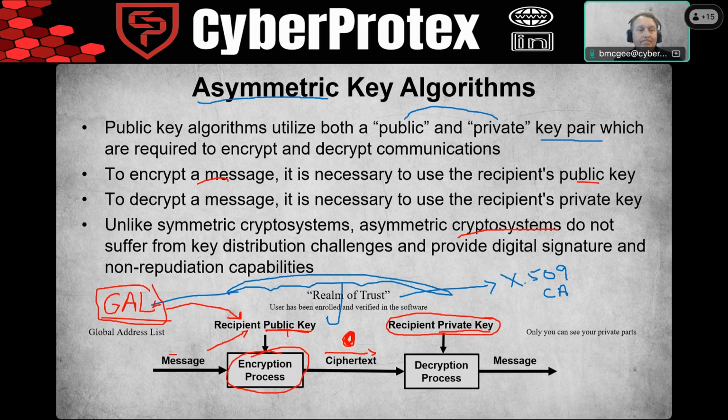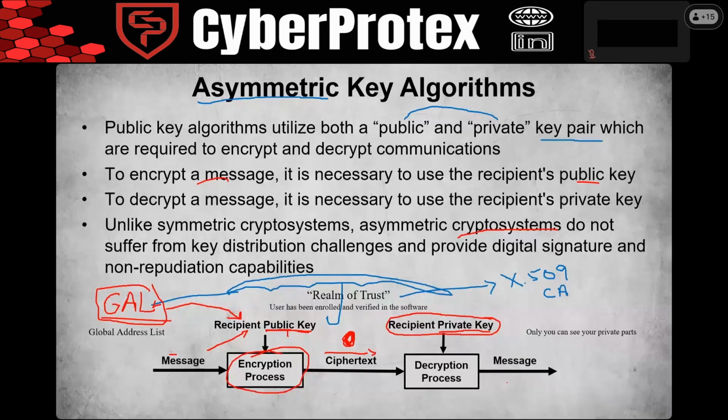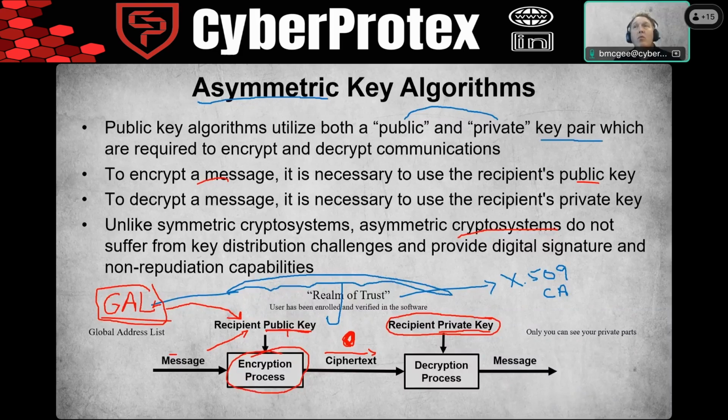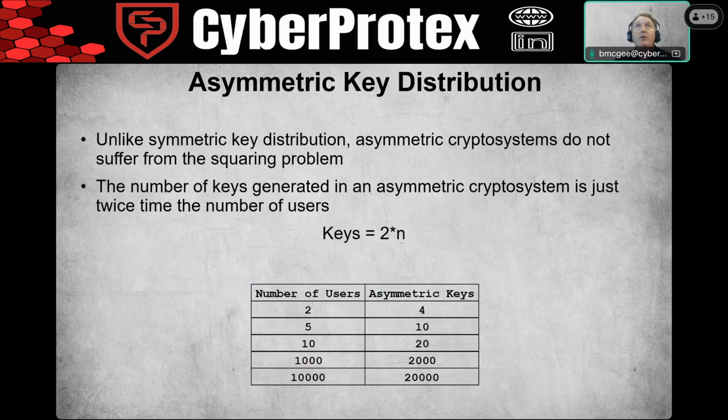I hope you understood it. For our purposes here, we talked about symmetric being n times n minus 1 over 2, whereas asymmetric would be 2n.